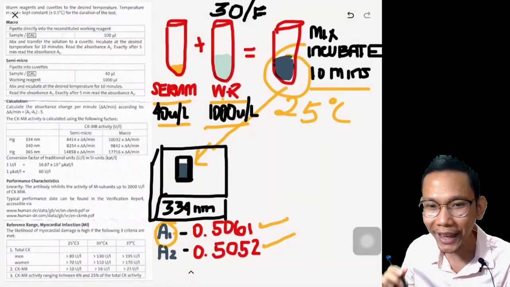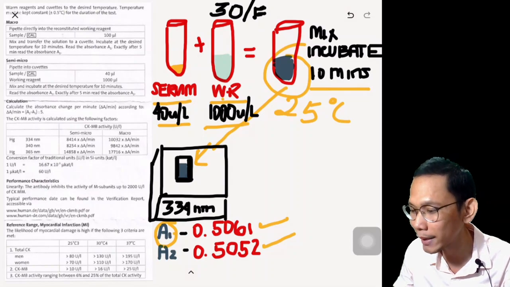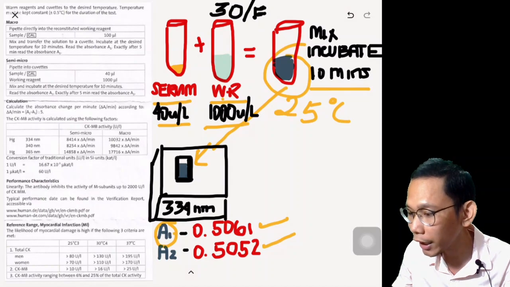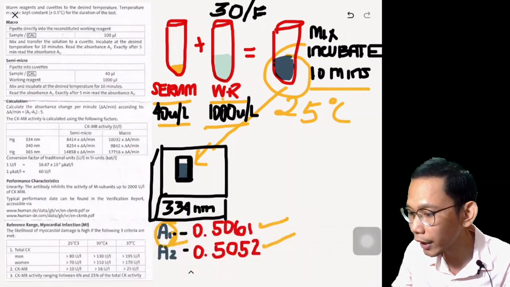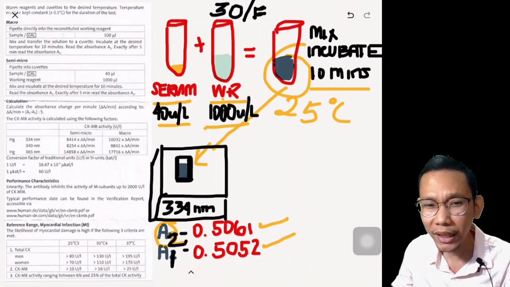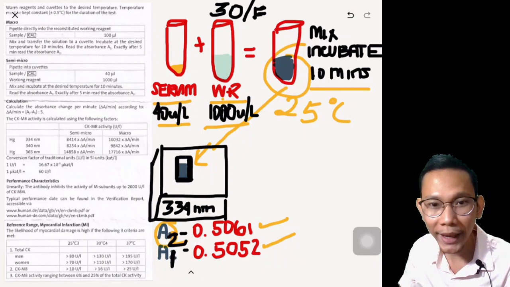So again, this is why it is really important to check whether it is increasing or decreasing absorbance. Let's just reverse this, guys. Correction: this is your A2, and this is your A1, because the absorbance should be increasing. I didn't check. I'll repeat again.